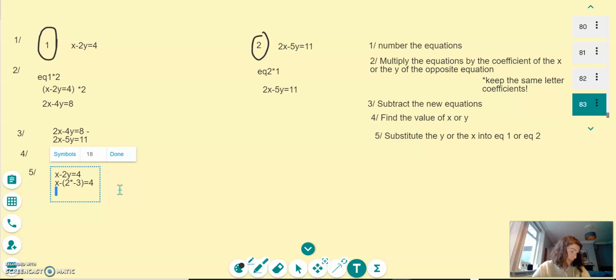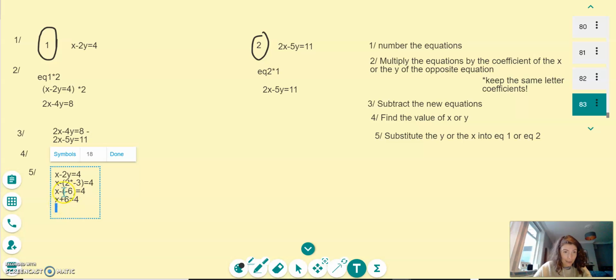So that means we have x minus minus 6 equals 4. So then we have x plus 6, because a minus and a minus makes plus, equals 4.